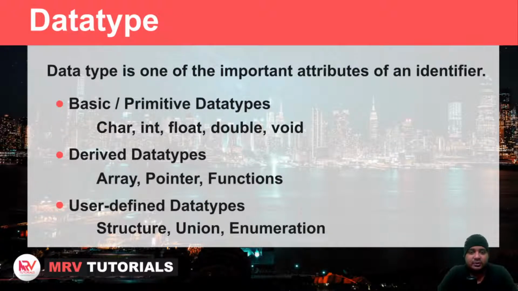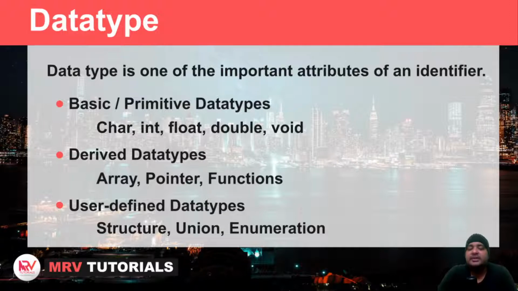Data type is one of the most important attributes of an identifier, right? Data type is used to define the type of your identifier. An identifier might be the name of a variable, a constant, or a function.